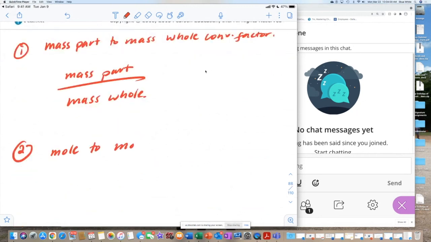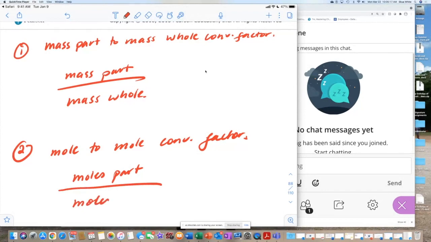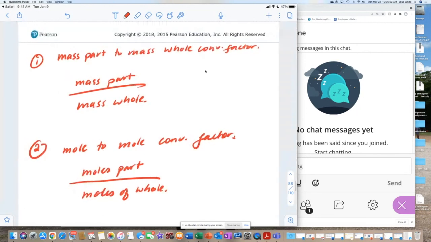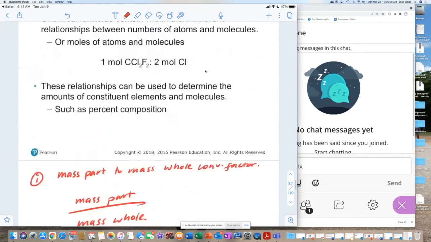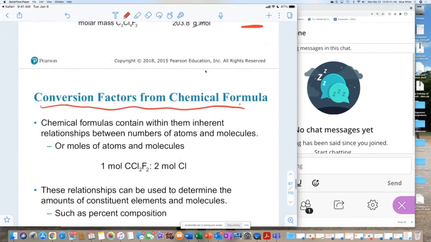In the mole to mole conversion factor, what you see here is moles of part over moles of whole. So you want to be able to take the part from the chemical and figure out how many moles from that part provide the whole. Okay?